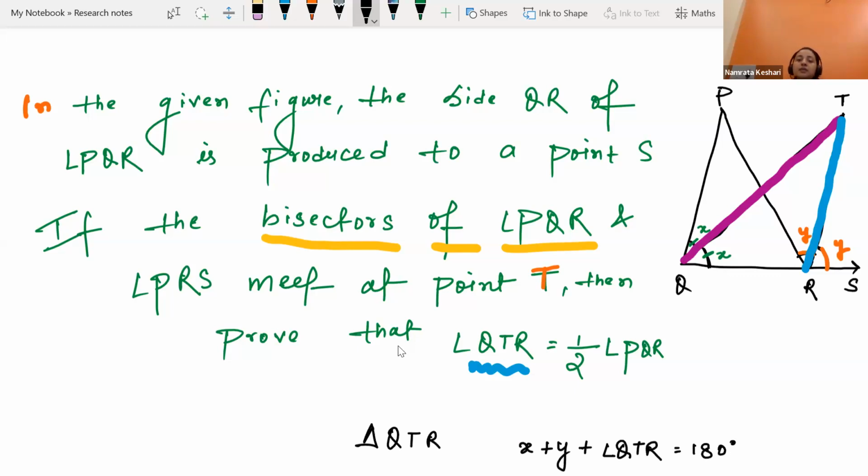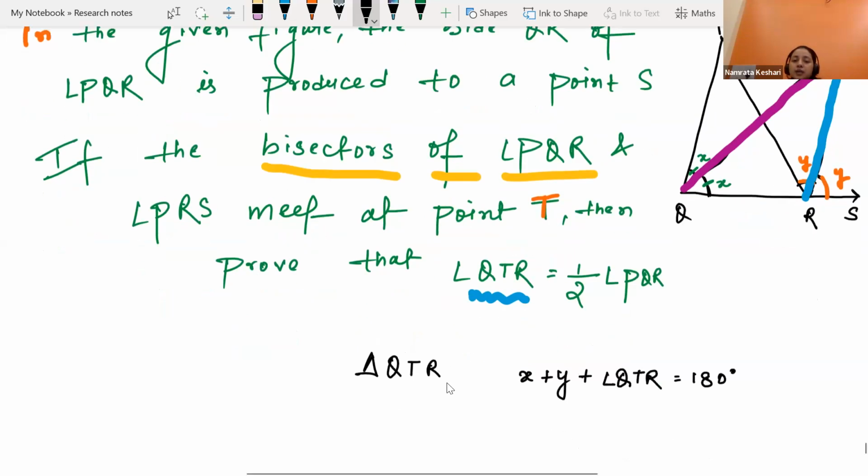At first, we are just trying to figure it out, then we will write it properly. Now, angle QTR is equal to 180 minus (x plus y). Okay, we have found QTR anyway.